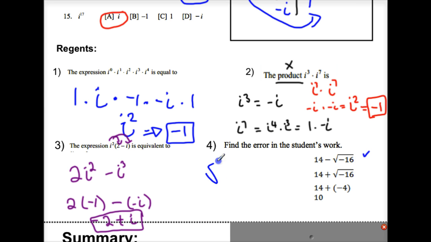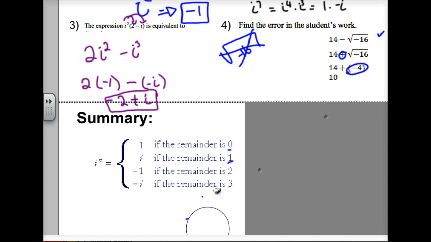If you enter the square root of negative 16 in the calculator, it does not work. That's my imaginary number, the i's. The sign changed, and this is one error. And then when they took the square root of negative 16, they got a negative 4. So that's my second error. So be careful when you take the square root.